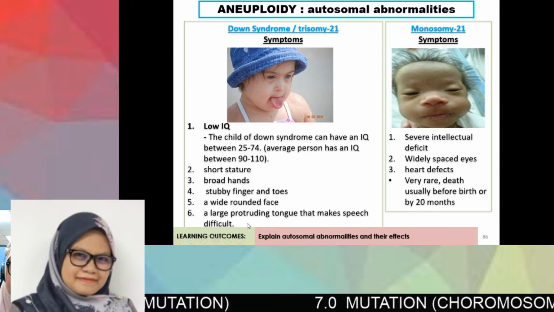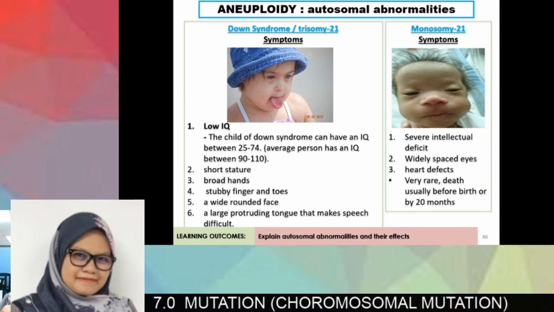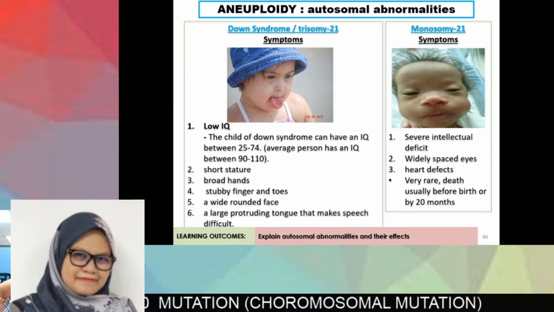Then they have short stature, maksudnya dia punya body dia akan lebih rendah. Then they ada broad hands, stubby finger and toes, a wide round neck, and have larger protruding tongue that makes speech difficult.